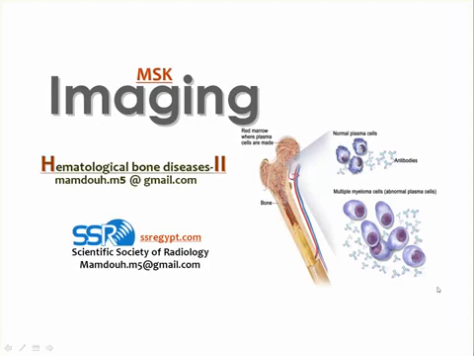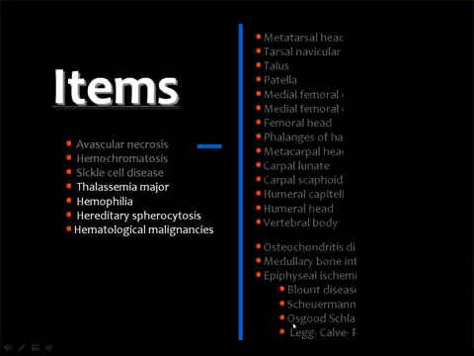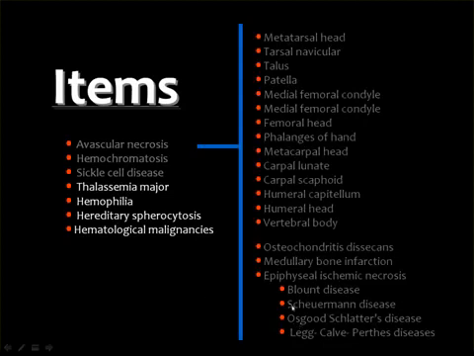Dear colleagues, and here is the second part of the topic concerning the hematological bone diseases. And you remember that we have already finished the issues of vascular necrosis, including most of the affected areas in the body.